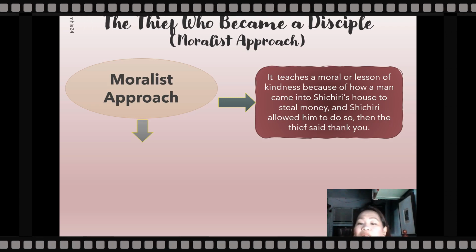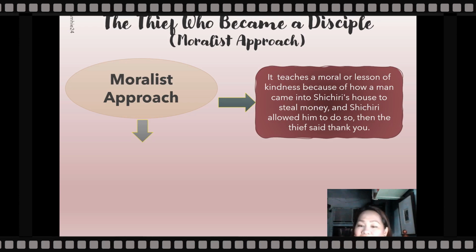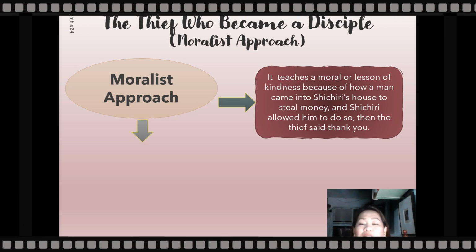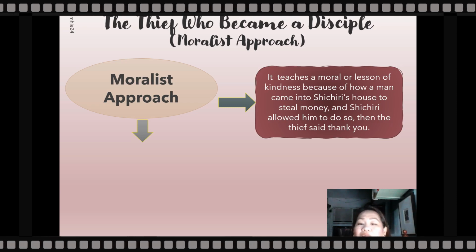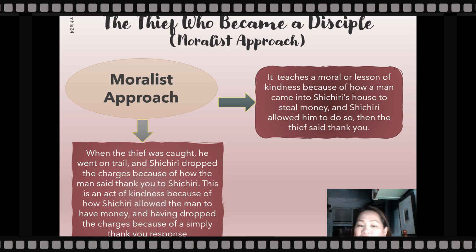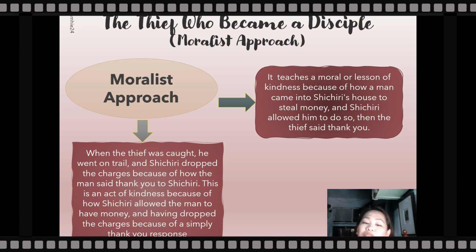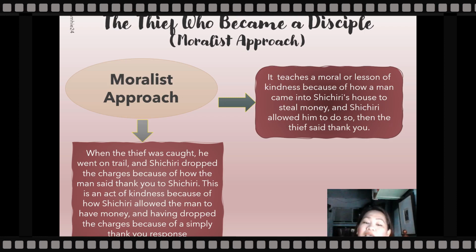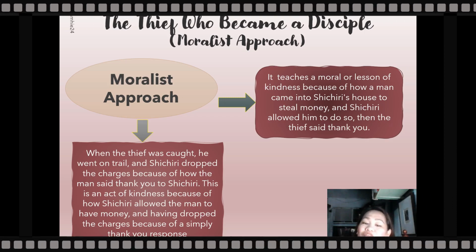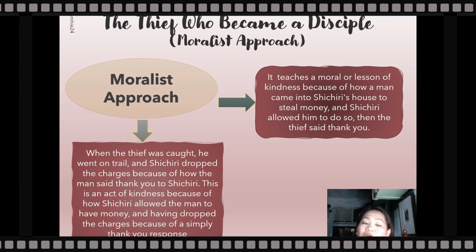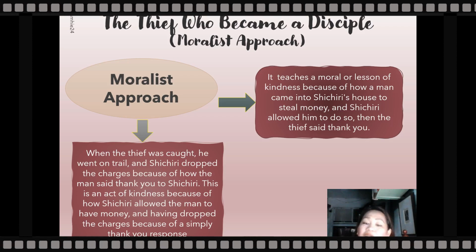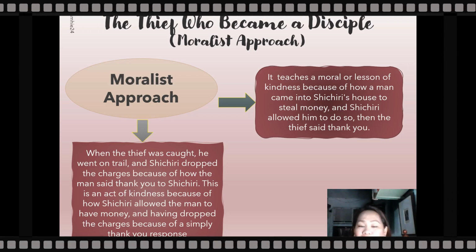Because it teaches a moral or lesson of kindness. A man came into Shichiri's house to steal money, and Shichiri allowed him to do so. Then the thief said, "Thank you." When the thief was caught and went on trial, Shichiri dropped the charges because the man said thank you. This is an act of kindness, because Shichiri allowed the man to have the money and dropped the charges because of a simple thank you.